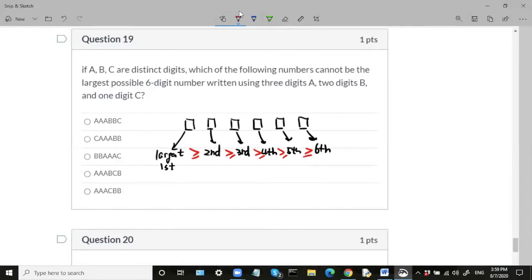Okay, so let's look at the answers. Let's look at answer A, AABCB.